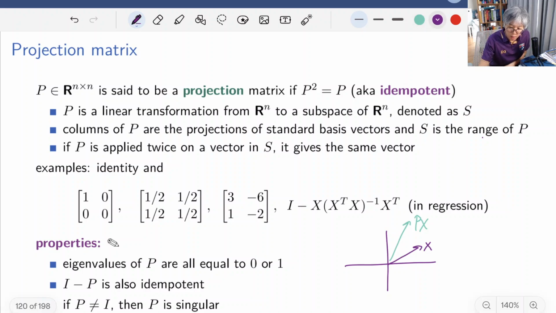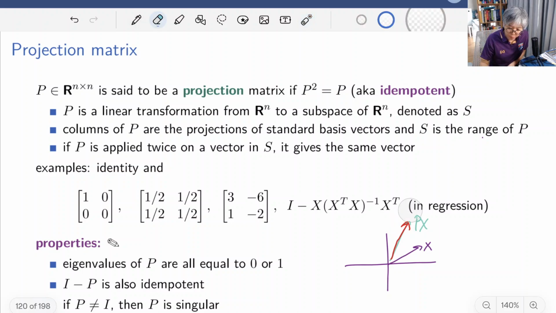But if you apply P on Px again, that's P squared x, and that's going to be the same vector as Px. That's why it's called projection or idempotent, because of this property.